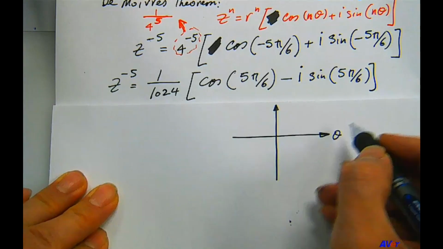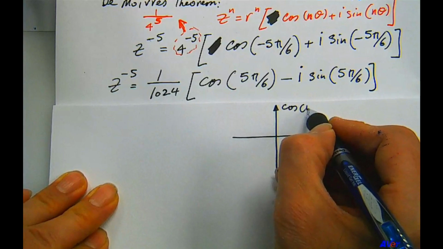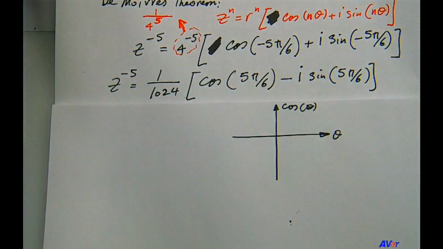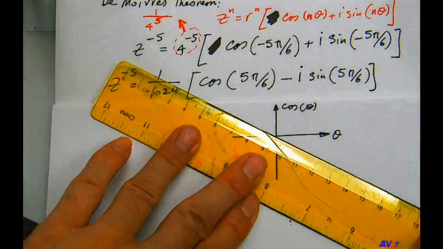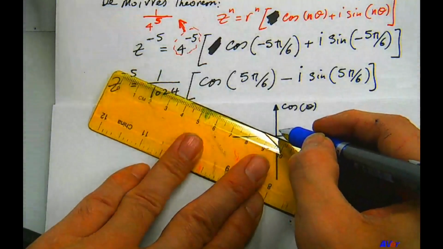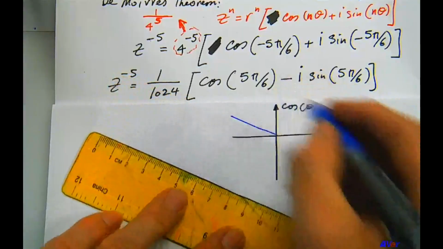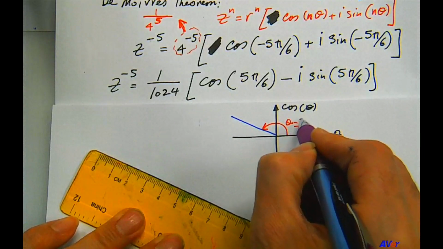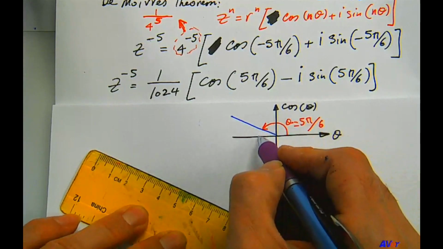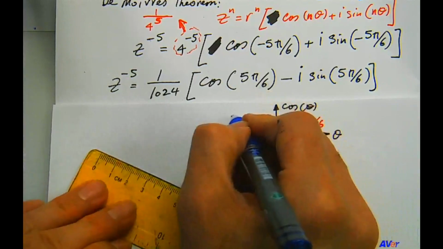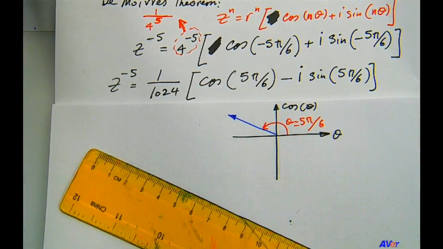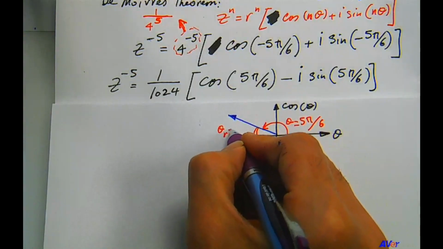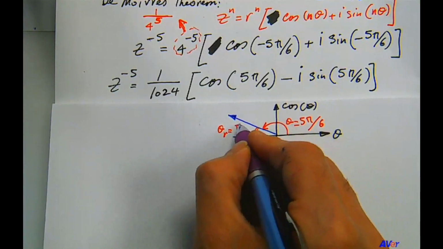And so cosine theta and sine theta. 5 pi over 6 would be that. So that's 5 pi over 6. That means, what is the measure of our reference angle? The measure of our reference angle is theta r equals pi over 6.